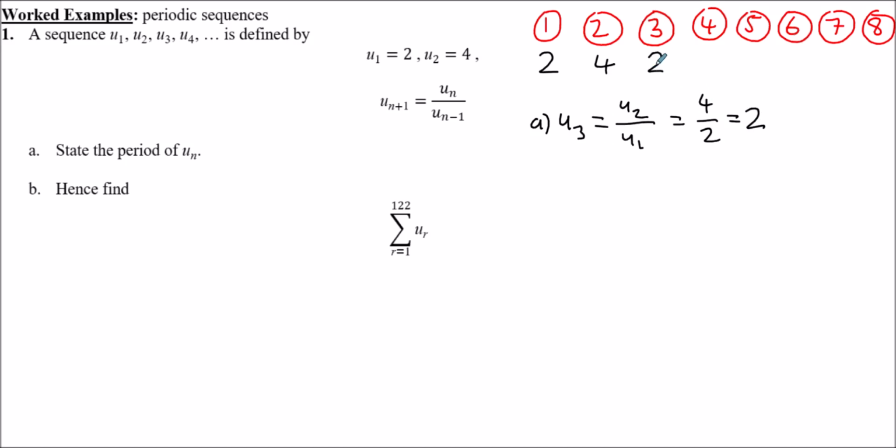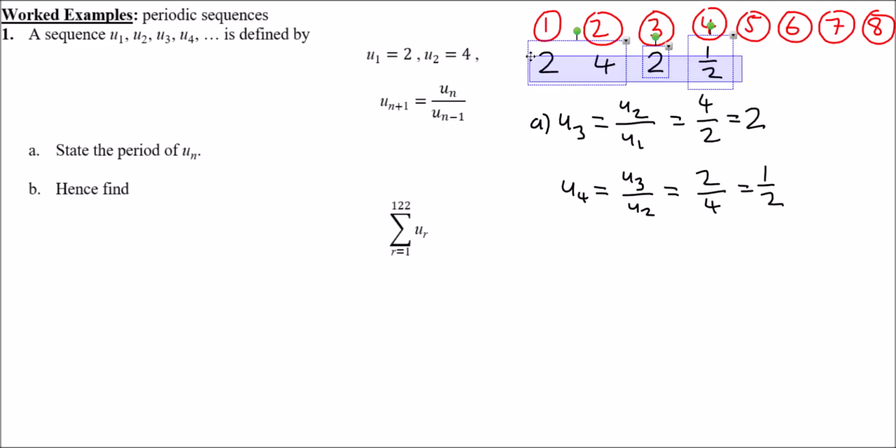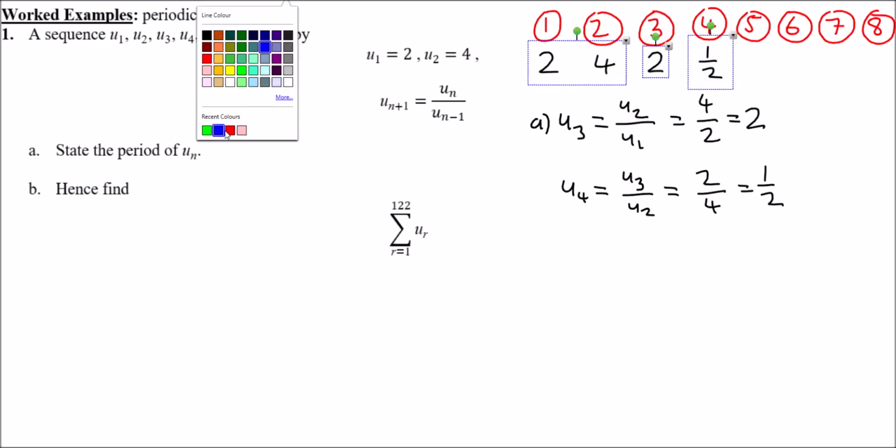I'll write that in. Now u4 will be u3 divided by u2. The third term is 2, the second term is 4. 2 over 4, that's a half. So the fourth term is going to be 1/2. In fact, I'll get these in a different colour so they stand out a bit clearer. I'll put these in a blue colour. There we go.